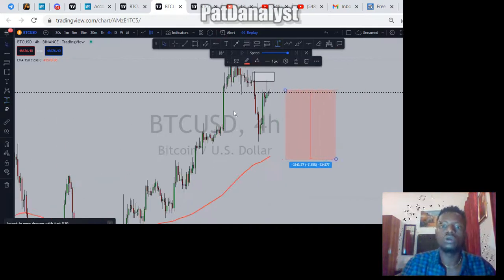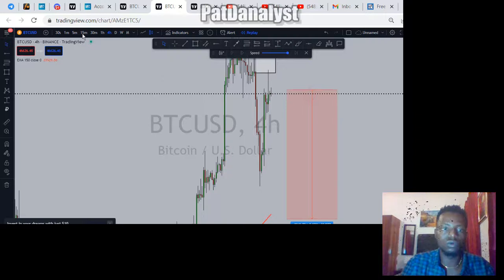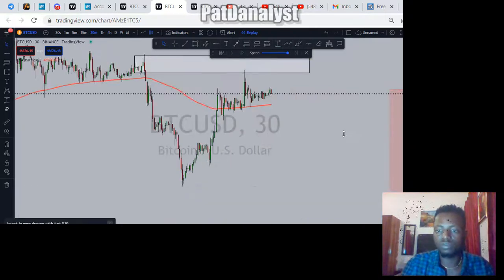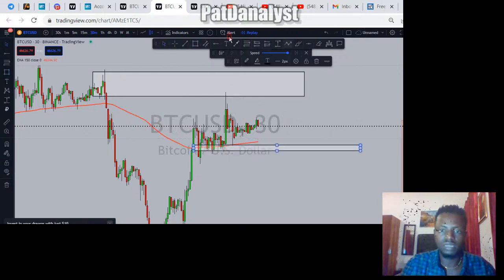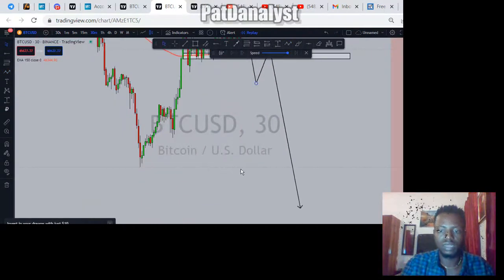What you can do is go to another time frame like 30 minutes and wait for some breaks of structure. These are structural levels that are very valid. So you wait for the market to break them like this, then you wait for a pullback before you sell. You sell from here downward to the target level.